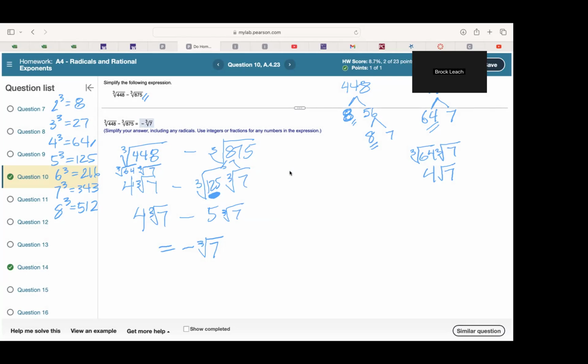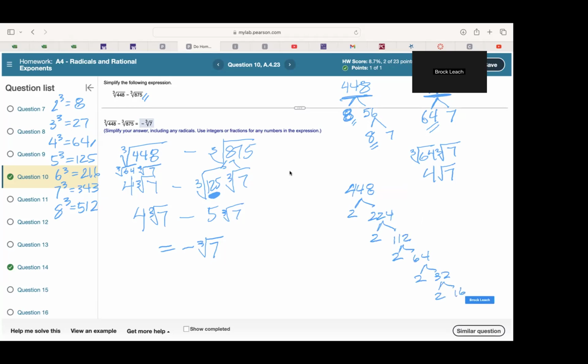If you want to do it by hand, you can always just break it down by prime factors. These are going to give you big trees. So 448, we know that's 2 times 224. And then stick with 2 until you can't use 2 anymore. 112, 2 times 64, 2 times 32. You keep using 2 till you can't, then go to the next prime number, which would be 3.